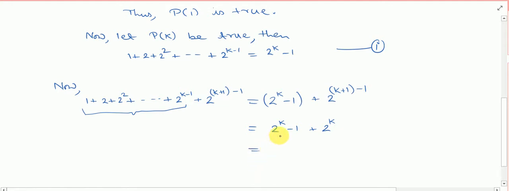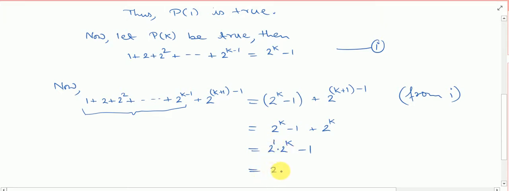Now here you can see that you can mention over here from 1, okay, for this part, and here you can see 2 to the power k and plus 2 to the power k, same, so you get twice. Okay, here you can see that base is same, so power will be added.